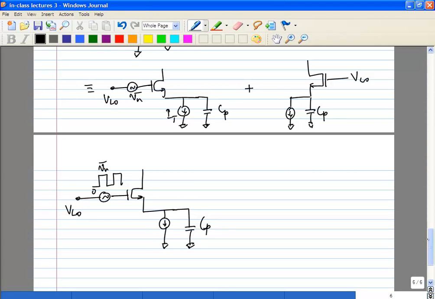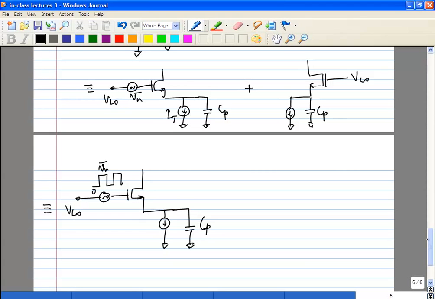Is that clear? So what is the difference between these two? The difference is just Vn. Apart from that, the input voltage is the amplitude VLO, the maximum value for most of the cycle. So you can just redraw the same thing with a switching voltage source Vn between 0 and Vn. Is that clear?